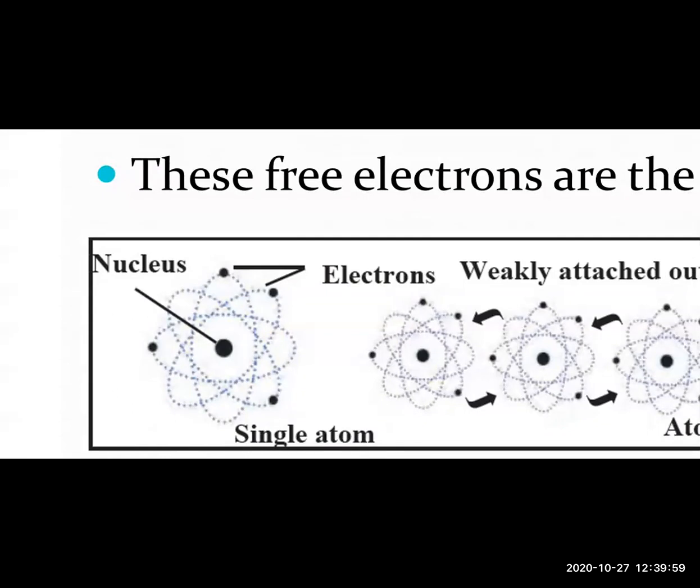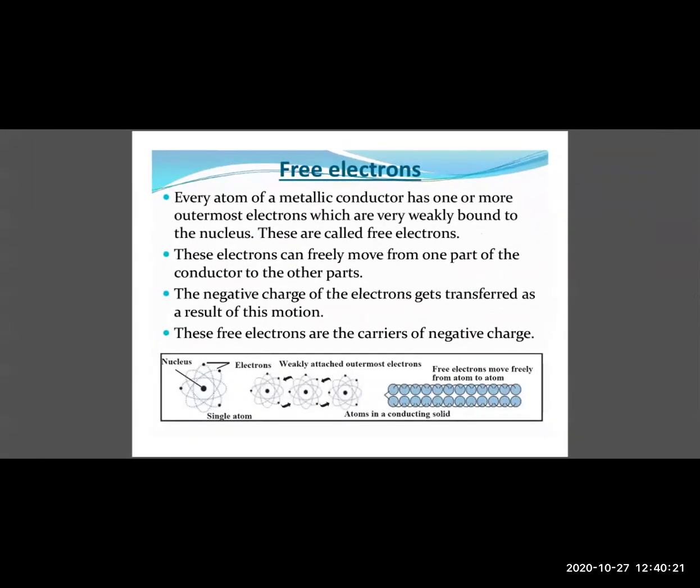Now in a metallic substance, something like aluminum or iron or copper, there are many shells or many circular orbits. The electrons present in the outermost shell or orbit are very weakly attracted by the nucleus, and they can be transferred. So every atom of a metallic conductor has one or more outermost electrons which are very weakly bound to the nucleus.